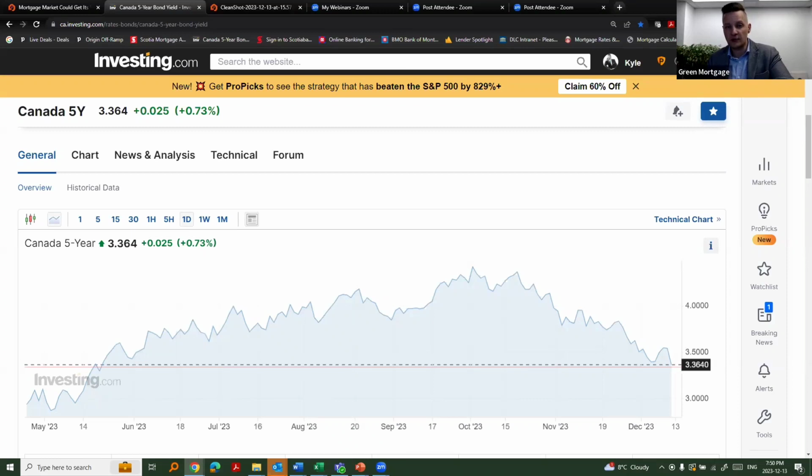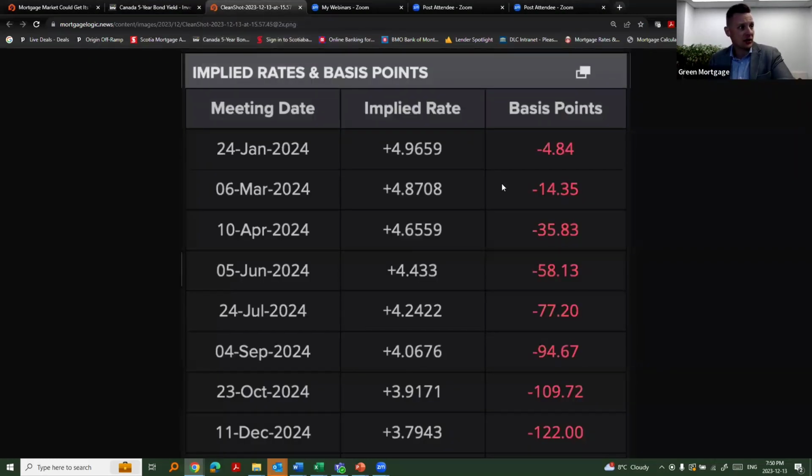And I think the US Fed was predicting about 3 interest rate cuts, so 0.75% down in the US. And it was interesting to me that I was checking a chart here. And this chart specifically is looking at the implied interest rates for where the Bank of Canada is going to move. So it's a little bit more complicated to understand and read.